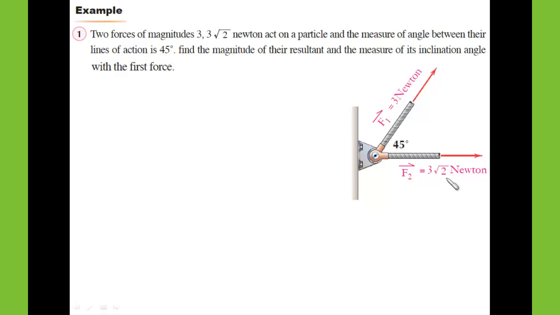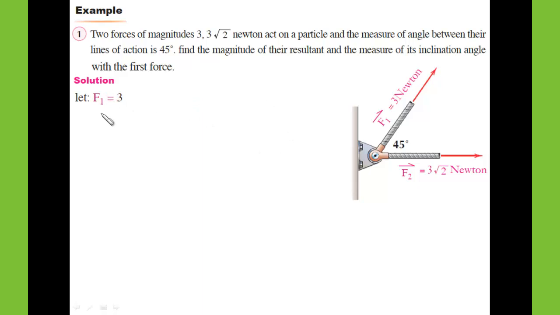F2 equals 3 root 2 Newton, F1 equals 3 Newton, and the angle here equals 45. Find the magnitude of their resultant and the measure of its inclination angle with the first force, F1.